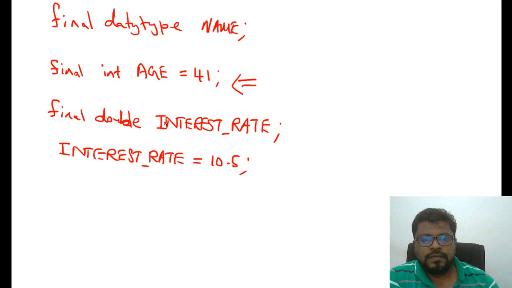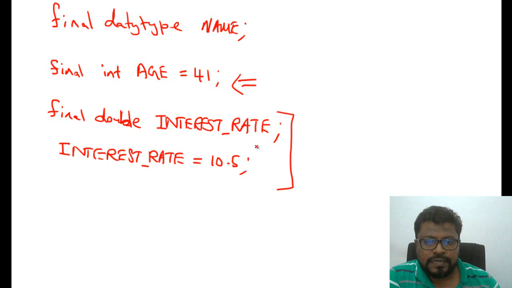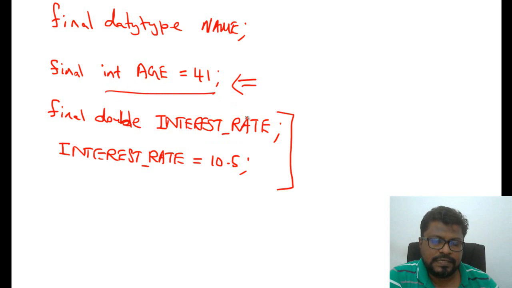Here we are declaring it on one line and assigning the value on another line, in a sense initializing the value in another line. In the first instance, we are declaring and assigning the value on the same line.